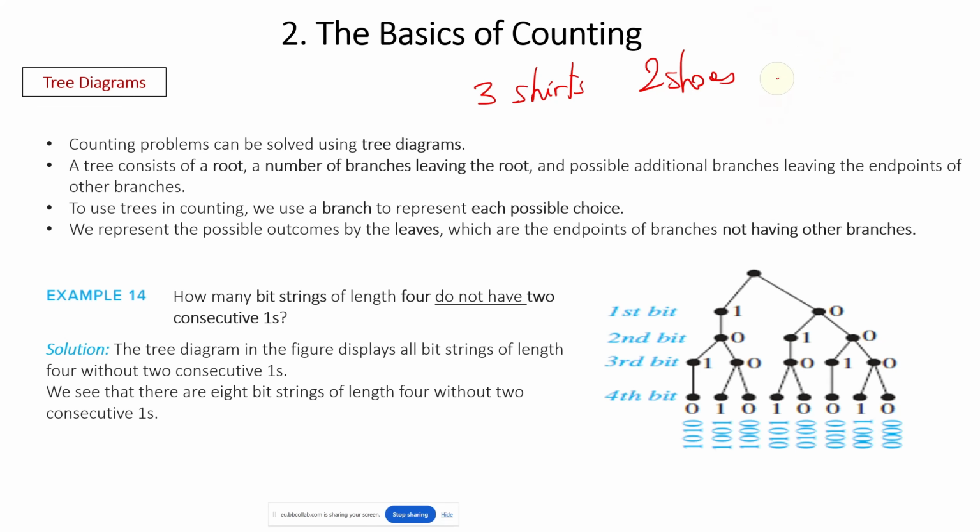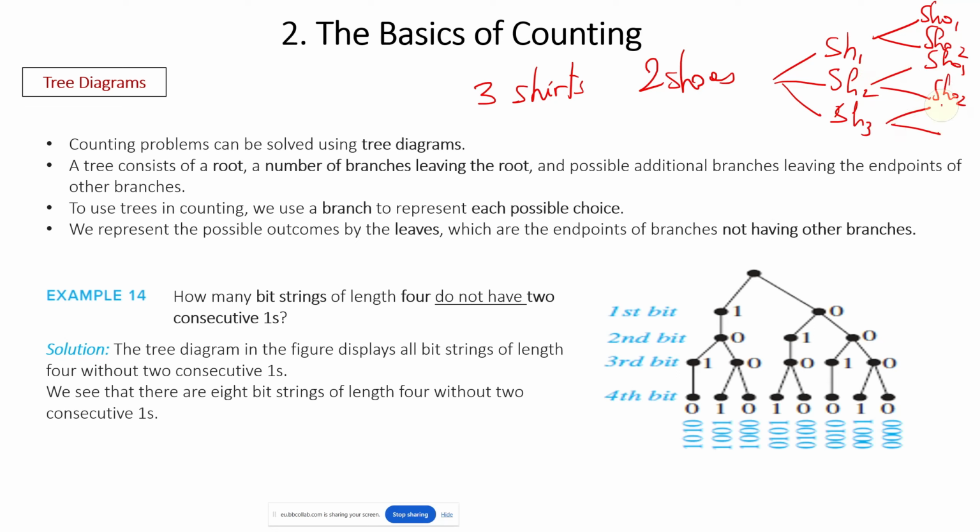Well, it's the same logic again. I'm just going to have shirt 1, shirt 2 and shirt 3. Each one of them I can have, this is shoe 1, shoe 2, and then each one of them is going to have shoe 1, shoe 2, and same thing, shoe 1, shoe 2, and then I just count how many there are.